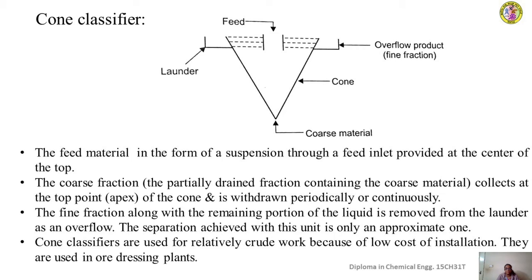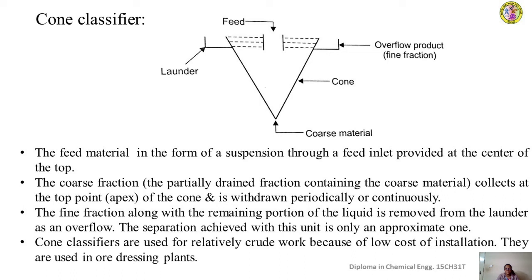Coming to its working, the feed material in the form of slurry enters right in the middle of the cone from the top. The coarse fraction settles out fast and gets collected at the bottom, that is at the apex.